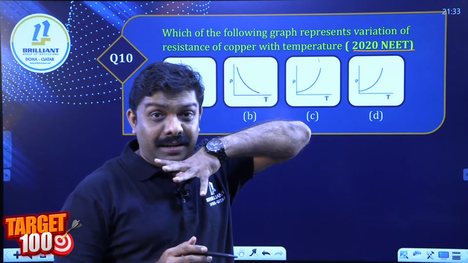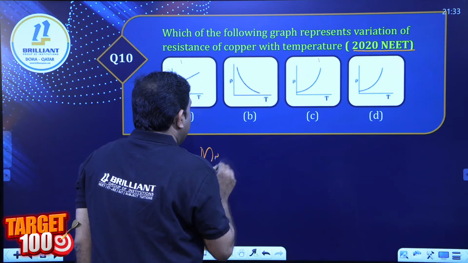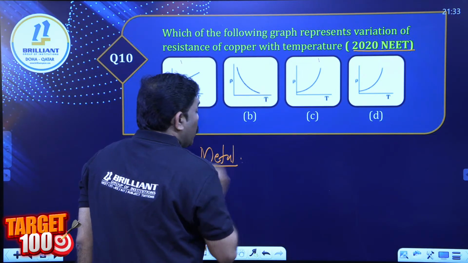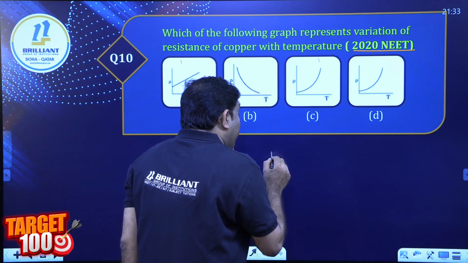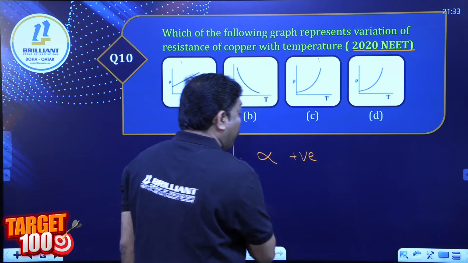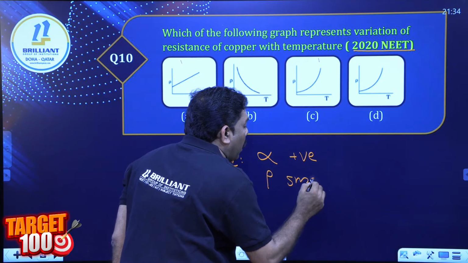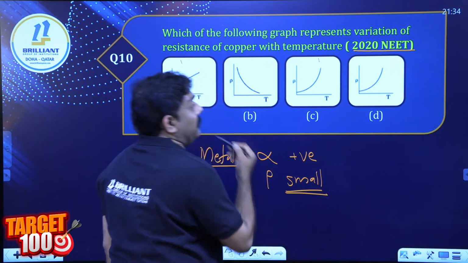Copper is a metal. In the case of metals, alpha is positive. Moreover, their resistivity is small. They have less resistivity.